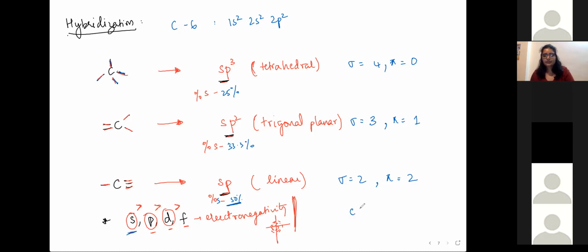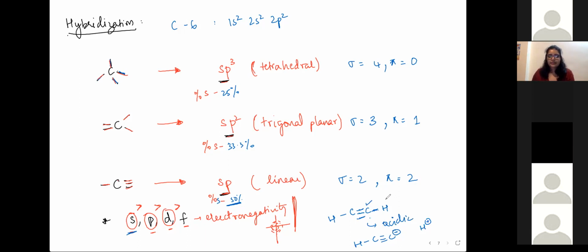Basically, if you take ethyne, because this carbon is most electronegative, it can hold on to the shared pair of electrons the best, which is why it is going to show acidic properties. Acidic property means it can easily lose the proton, and this carbon is going to be negatively charged. Because it's losing a proton, that's where your acidic character comes from.